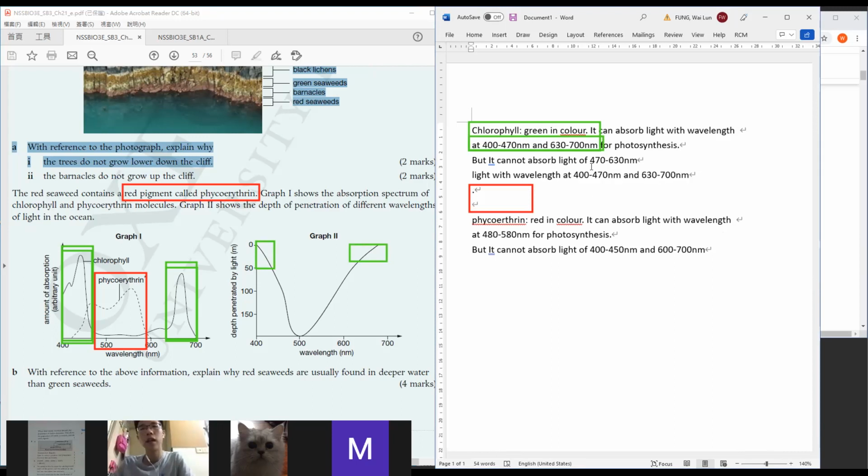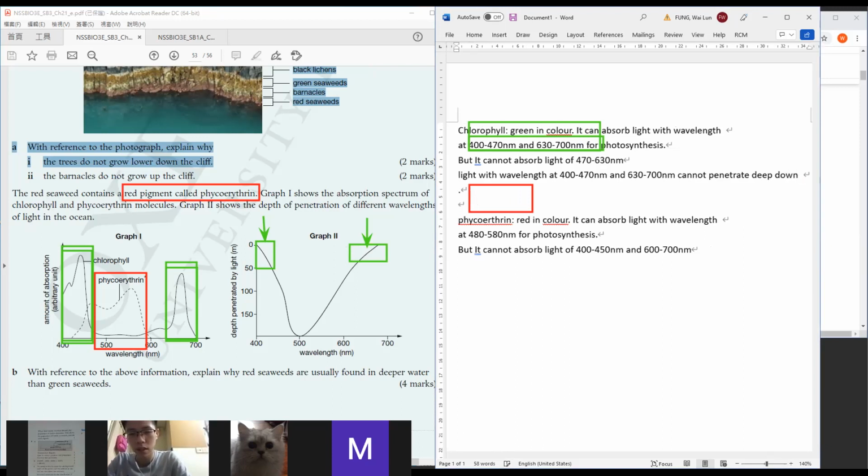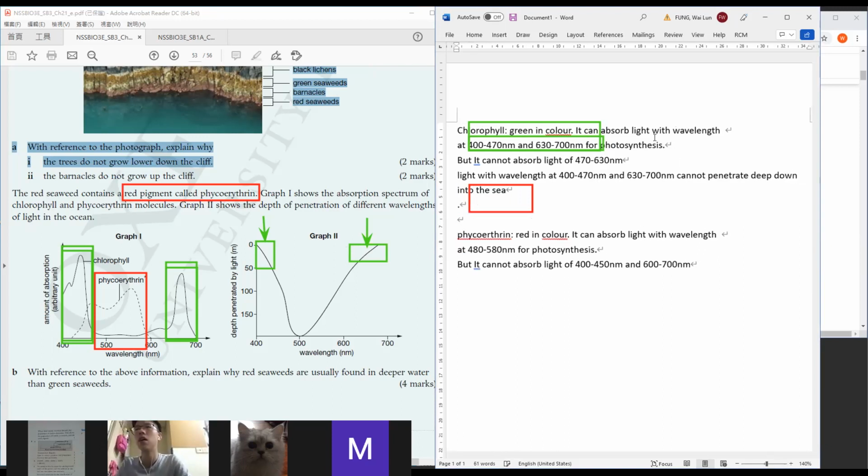Light with wavelength at these two ranges cannot penetrate deep down to the sea.